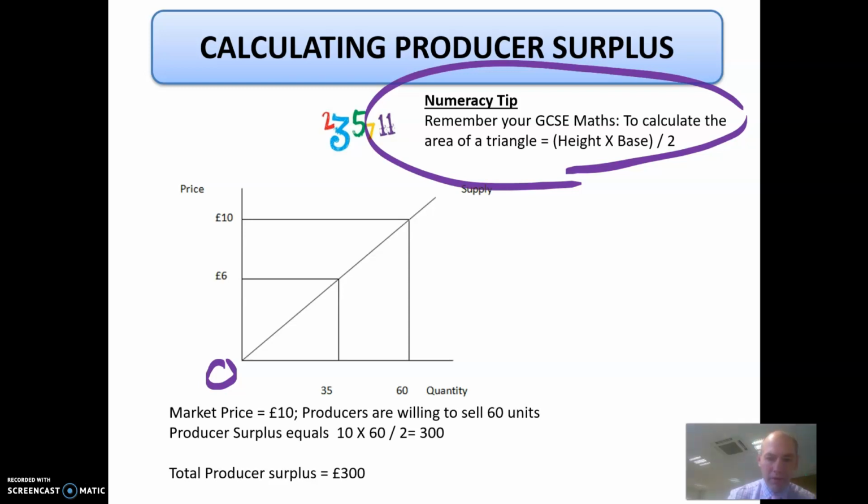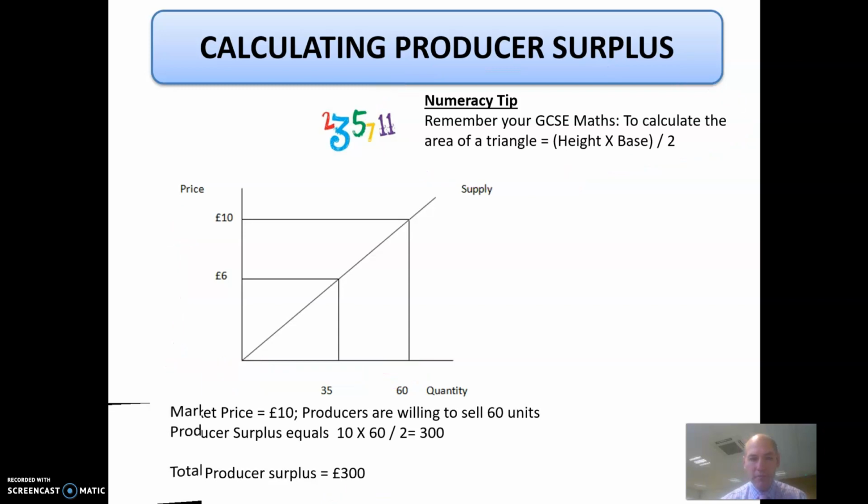So in terms of this, the difference between what they're prepared to sell at and the price they get is £10 multiplied by 60. 10 times 60 is 600, divided by 2 gives us the answer £300, and that's how you calculate it. So the difference between what they were able and willing to supply at, in this case 0, and 10 units, so £10 multiplied by the 60 units that they would sell. 10 times 60 gives us 600, divided by 2 gives us 300.